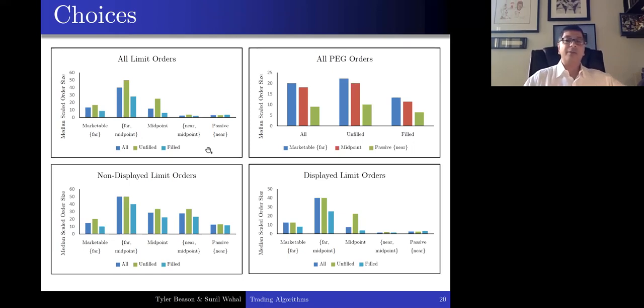So I've got 5 buckets here. Peg orders, obviously, because they can only be pegged to the midpoint, or the passive or marketable side, are only in 3 buckets. The second thing you'll notice here is that I'm making a distinction between all orders, unfilled orders, and filled orders. Of course, I know ex post what's filled versus unfilled.